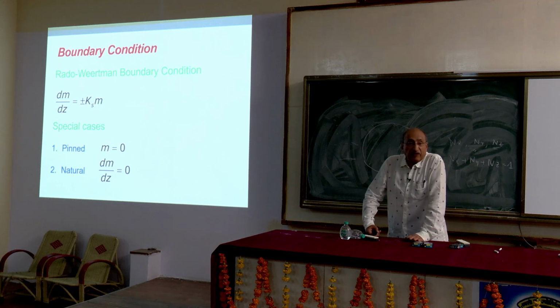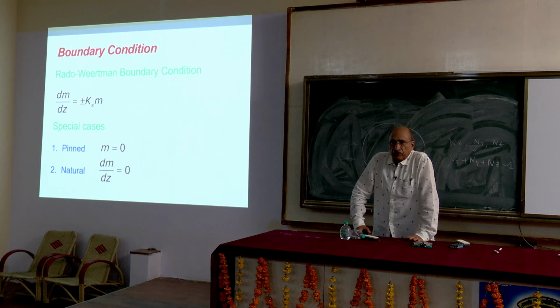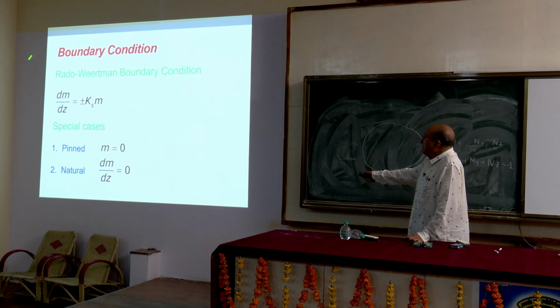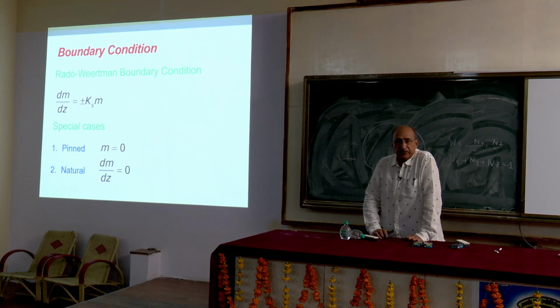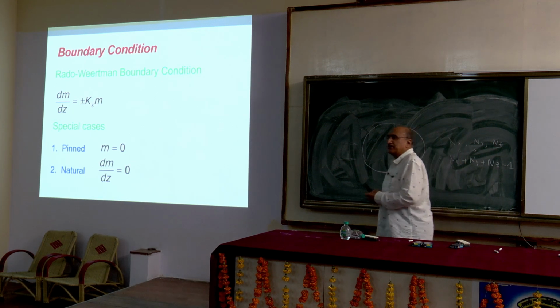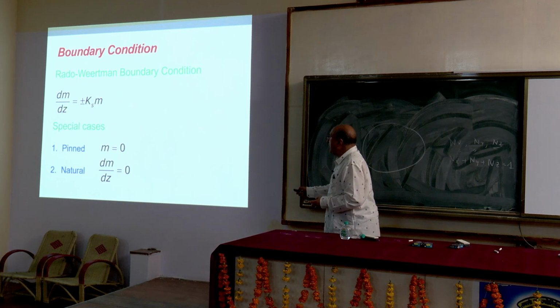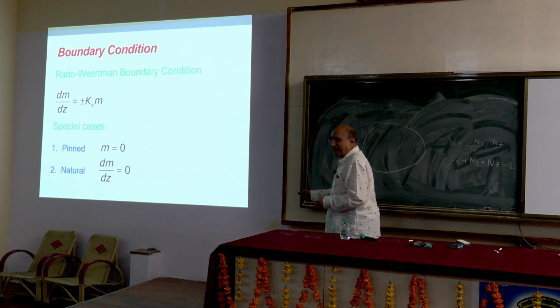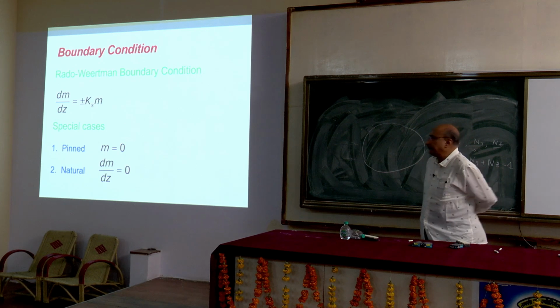The boundary conditions that we apply to solve this equation, which is like a Schrodinger equation to be honest, are called the Rado-Weertman boundary conditions, which tell us that dm/dz should be equal to plus or minus Ks m at the boundaries.